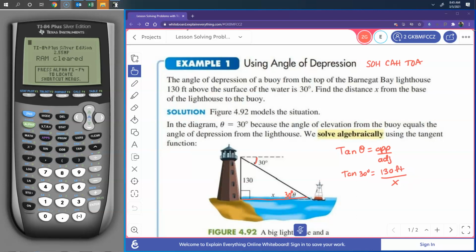So we're going to solve this algebraically. So we're going to go ahead and come up with two fractions. We're going to cross multiply. So we have x times the tangent of 30 is equal to 130 feet. And then we're going to divide by the tangent of 30.